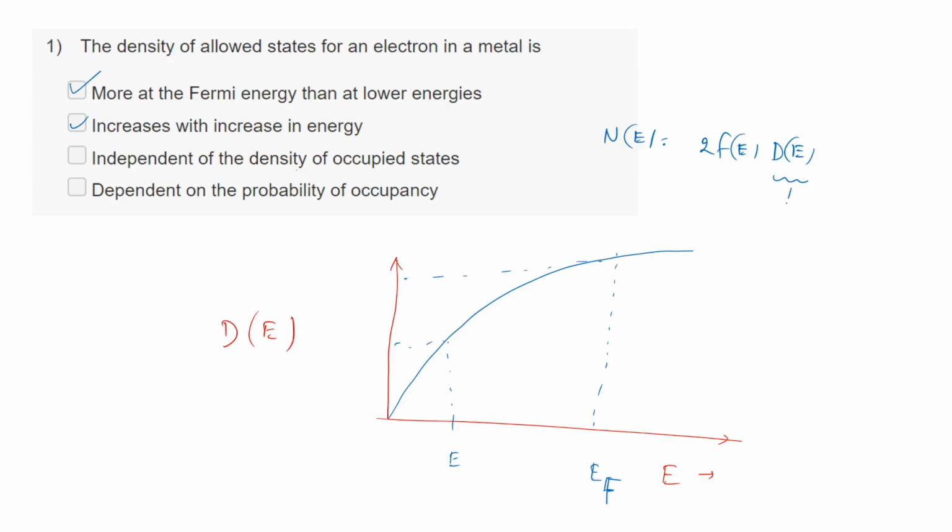So that is a different quantity. D of E just depends on what the material system is. Whatever the material, it will have some density of allowed states. Whether it is filled or not depends on the probability of occupancy. So it is not dependent on the probability of occupancy.